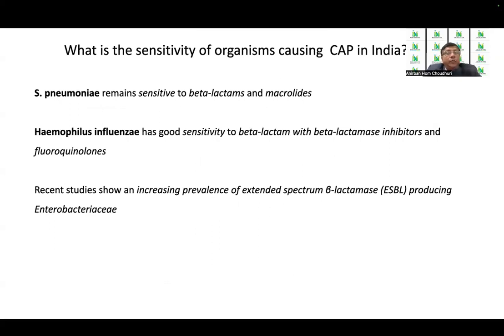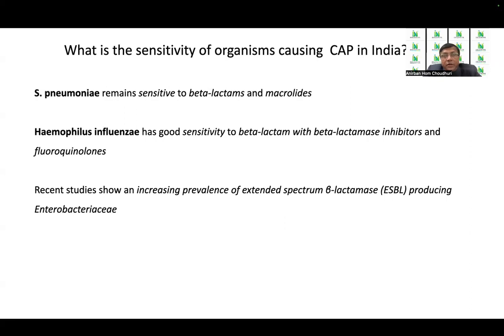Next, we have to know the sensitivity of the organisms causing community-acquired pneumonia in India. If you look at Strep pneumoniae, it remains sensitive to beta-lactams and macrolides. H. influenzae has a good sensitivity to beta-lactams and BL-BLI, that is, beta-lactam along with beta-lactamase inhibitors.